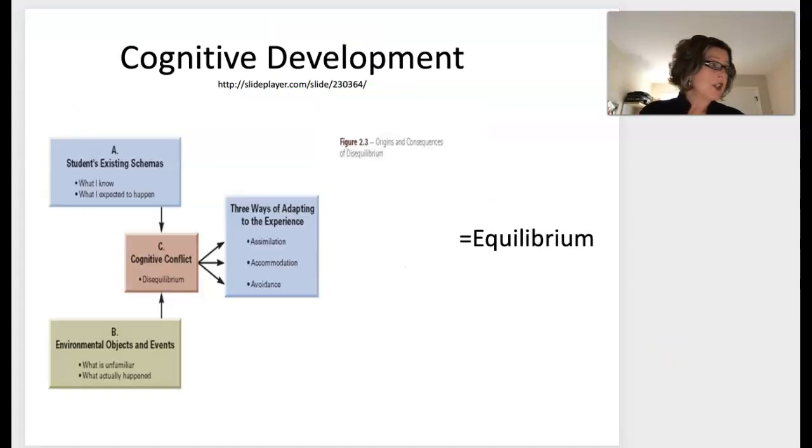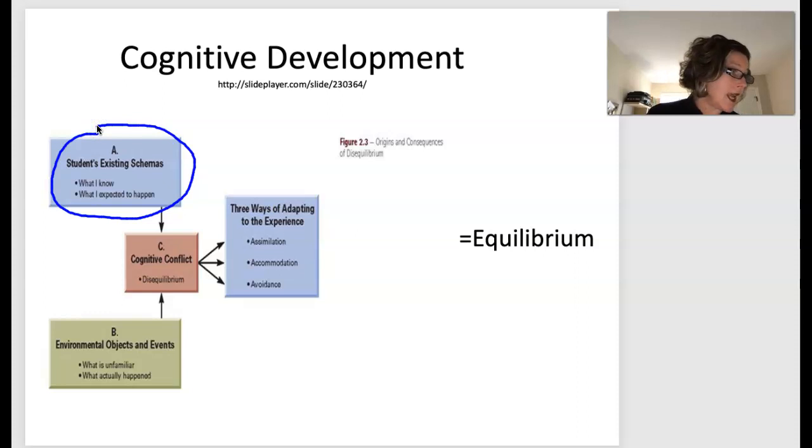Okay, so let's look again at what happens around this sense of equilibrium and disequilibrium. I'll give you another example because I think examples are always a good thing. Say a high school student comes in with the existing schema that poetry is always short, it always rhymes, and it's always about love.